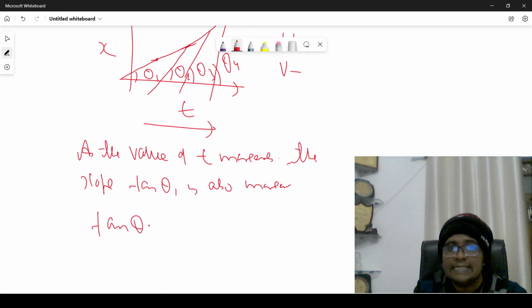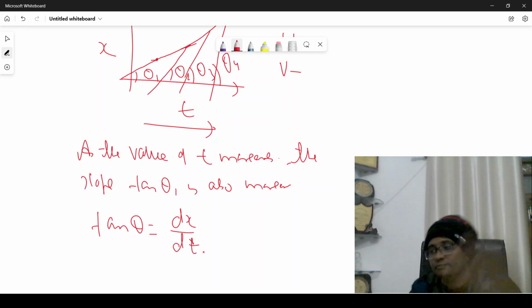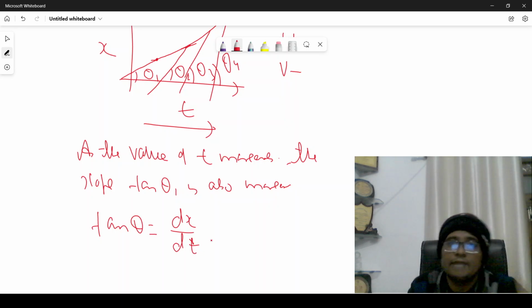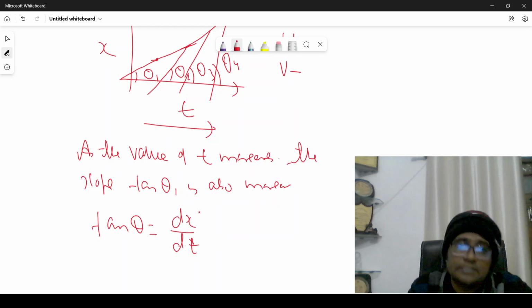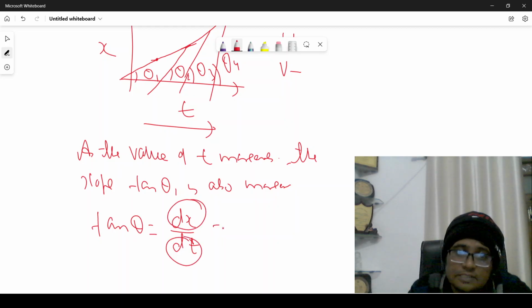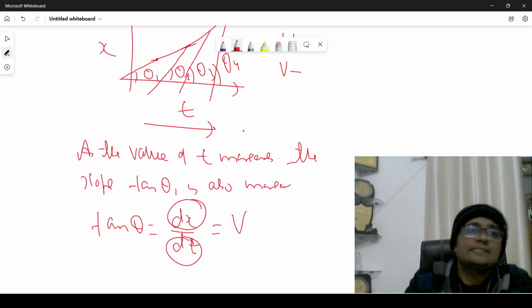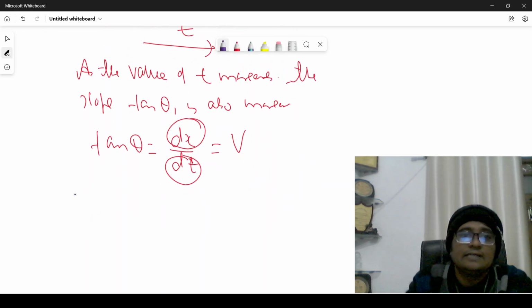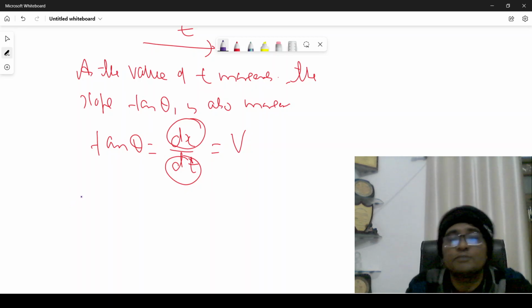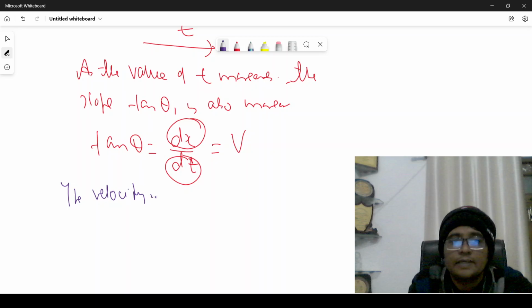Tan theta is dx by dt. We can see out here, right? And we have also seen that the rate of the change of the displacement with respect to time is the velocity. Hence, we can say that your velocity is increasing with the time. The final conclusion from this graph is that the velocity is increasing with time.